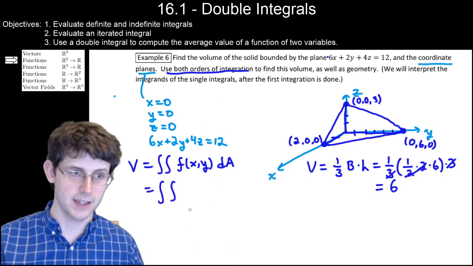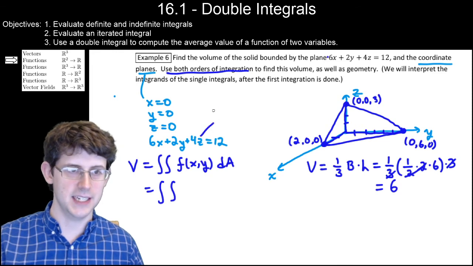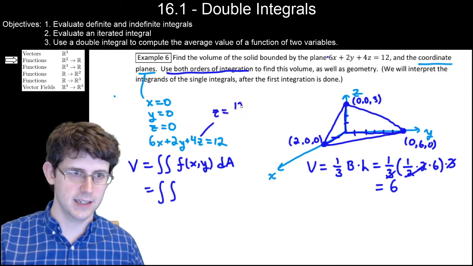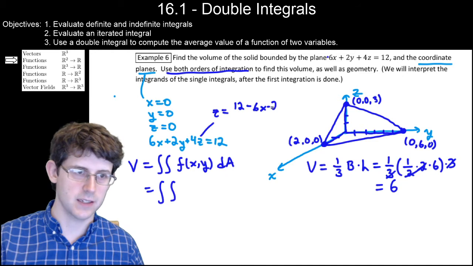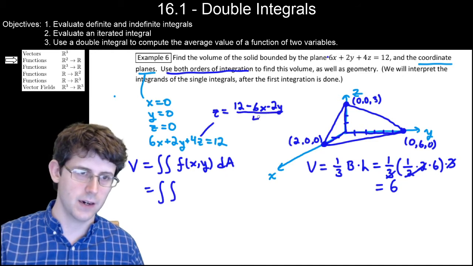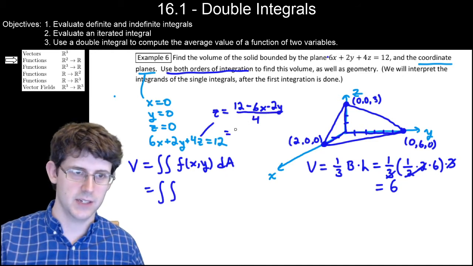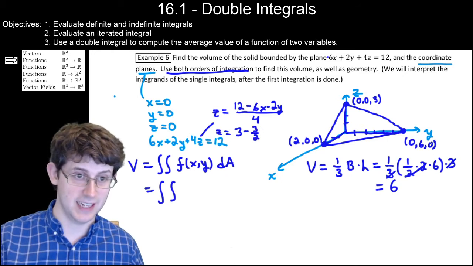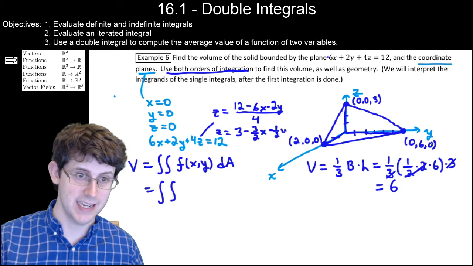The function is going to be, well, let's solve for z. Z is 12 minus 6x minus 2y, all divided by 4. So z is going to be 3 minus 3/2 x minus 1/2 y. That's z.